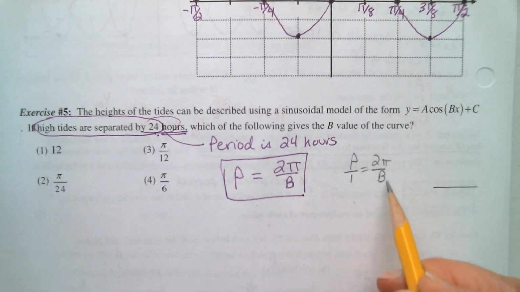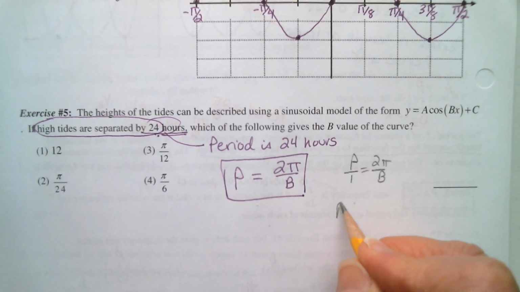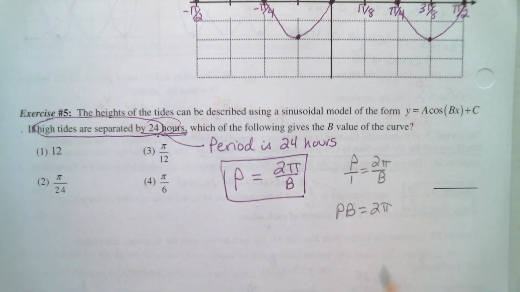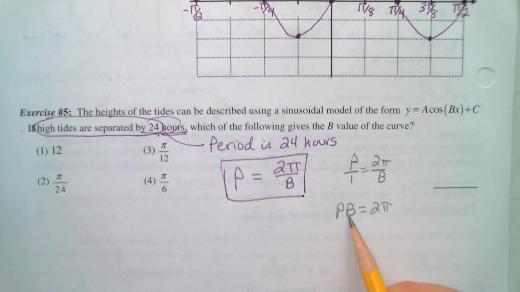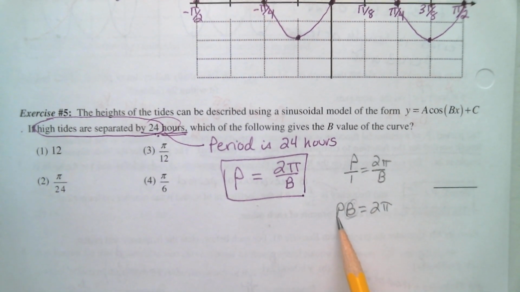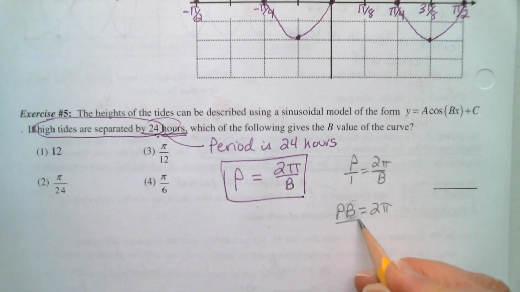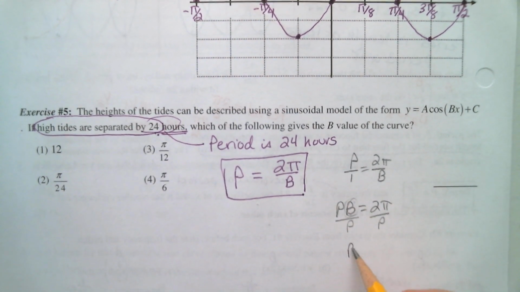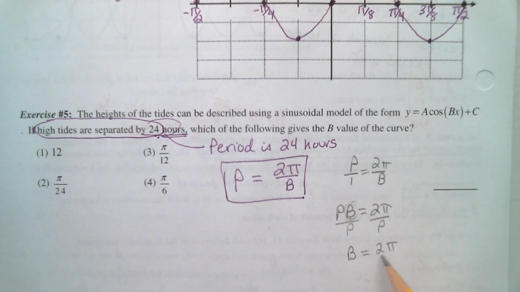And if I were to cross multiply, I get pb, not peanut butter, equals 2 pi. Solve that for b. We've got p times b, so divide. b equals 2 pi over p.